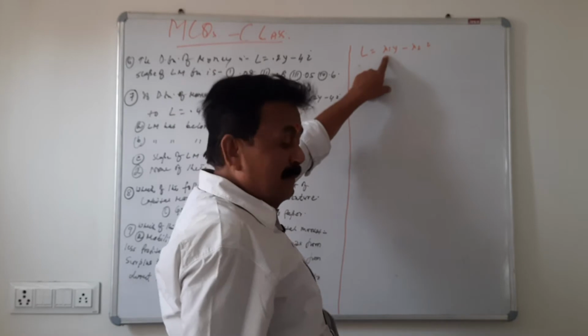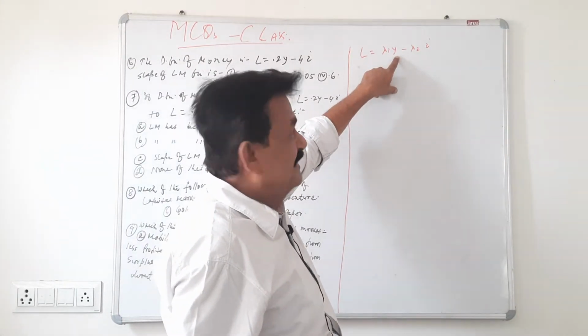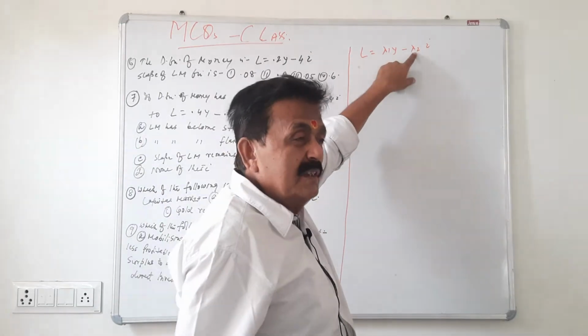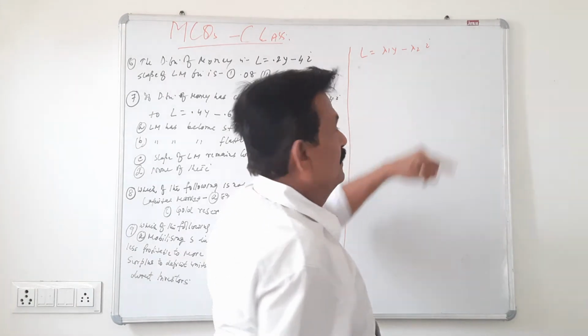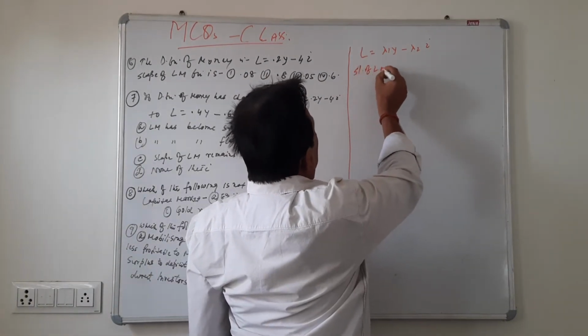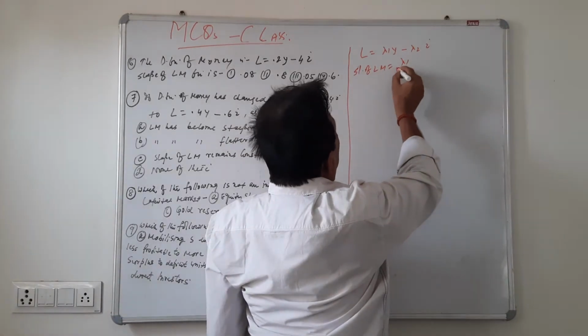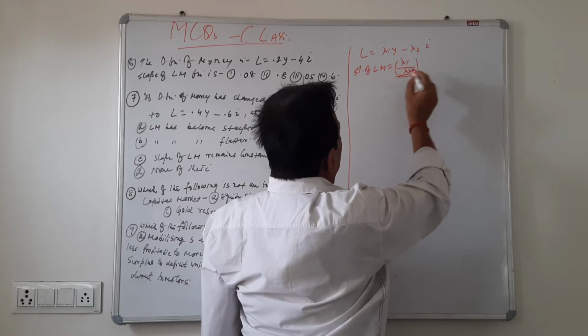Lambda 1 is the proportion of total demand held for transaction and precautionary motives, and lambda 2 is the proportion of total demand of money held for a speculative motive. So the slope of LM is lambda 1 by lambda 2.